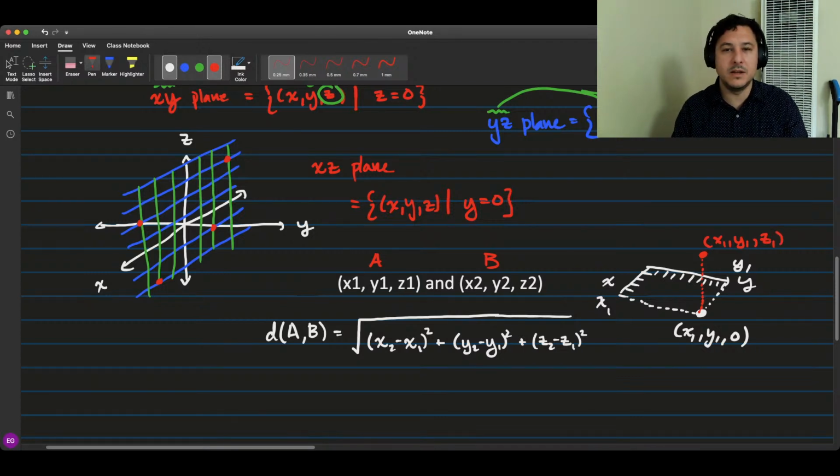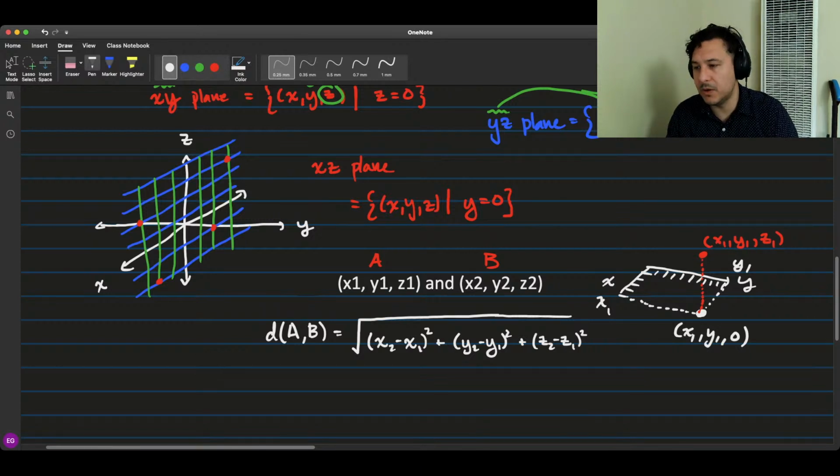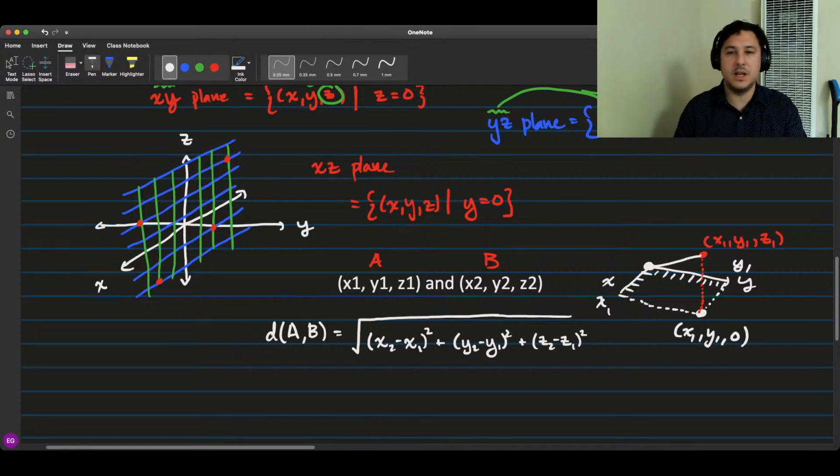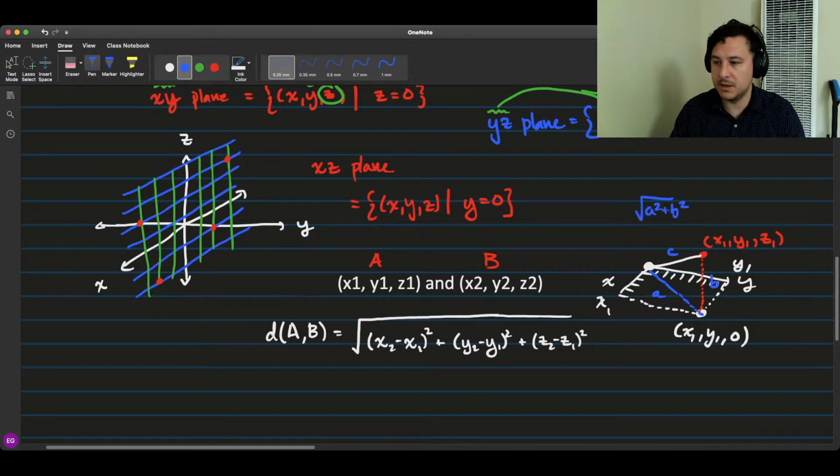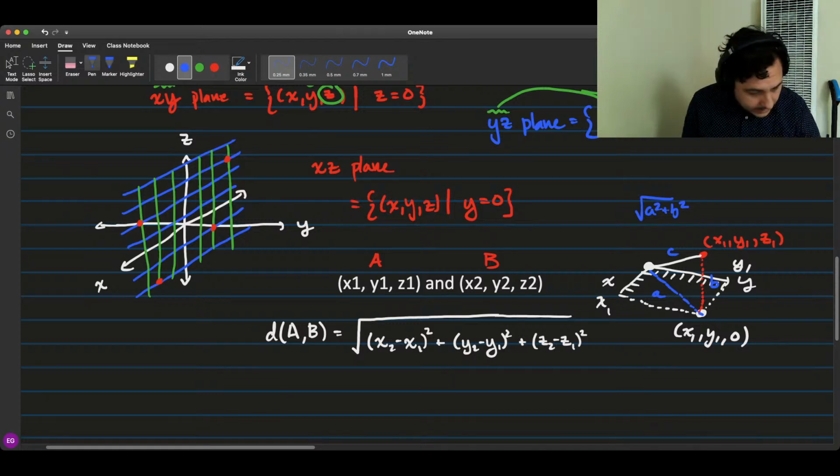And if you think about if you want to calculate the distance that this is from the origin, what you're doing is calculating from the origin all the way up to here. And what you could do is you could first calculate the distance from the origin to this point. And then you could calculate this point. And you could use, let's call this distance A, and let's call this distance B. The distance C that you want would be the square root of A squared plus B squared. And you could see that you end up getting something super similar to this formula. Okay. I won't bore you with doing an example of that. It's just plugging in numbers.